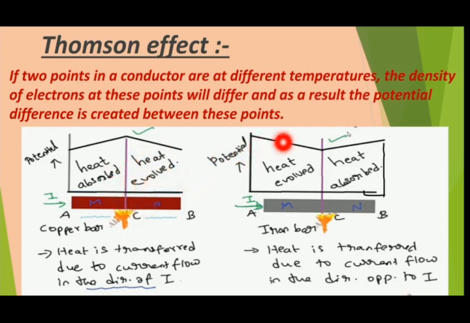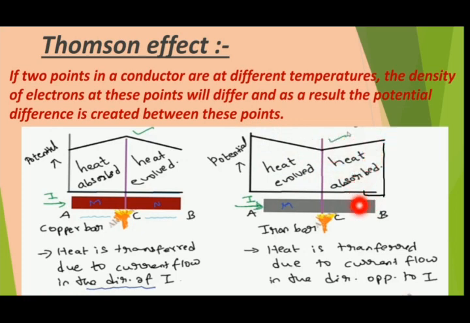Okay. Then in the case of an iron bar, when it is heated at the point C and current flows from A to B, now point M shows a higher temperature as compared to N. It means from A to C heat is evolved, this is a decreasing point, and from C to B heat is absorbed.